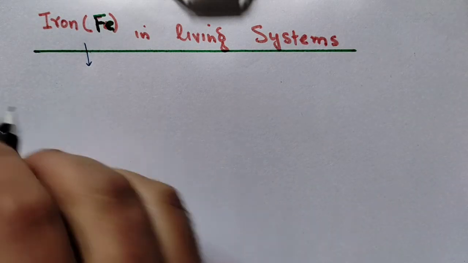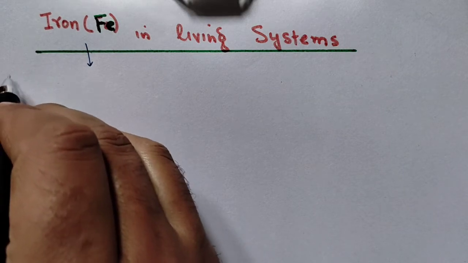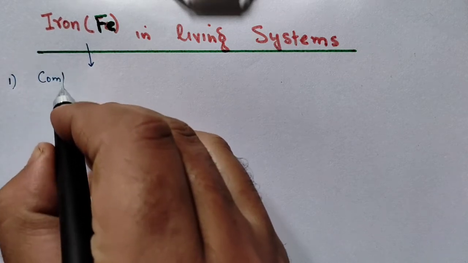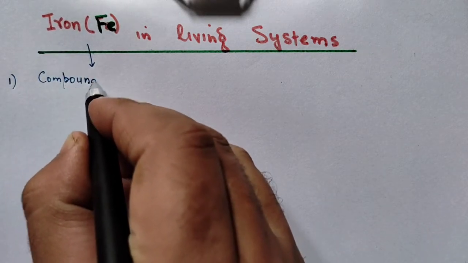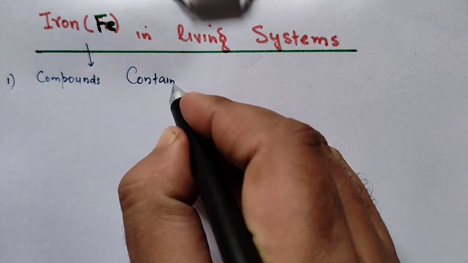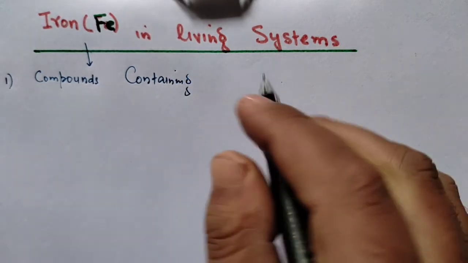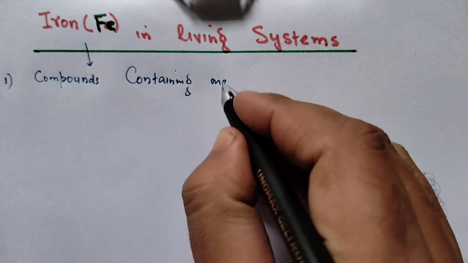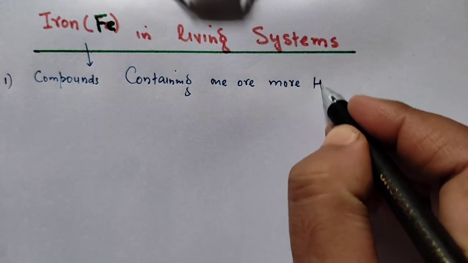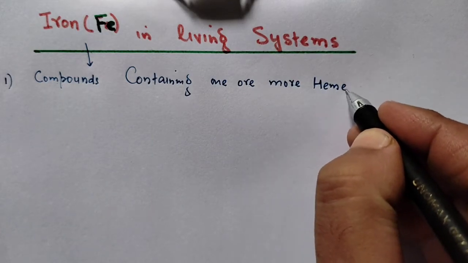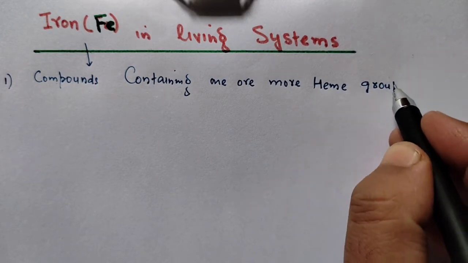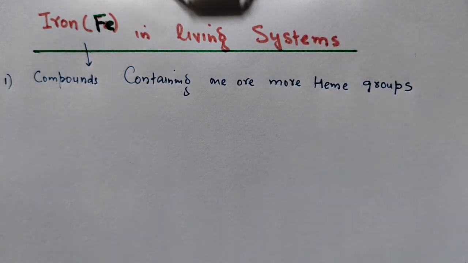So point number one, as far as iron in living systems is concerned: compounds containing one or more heme groups.